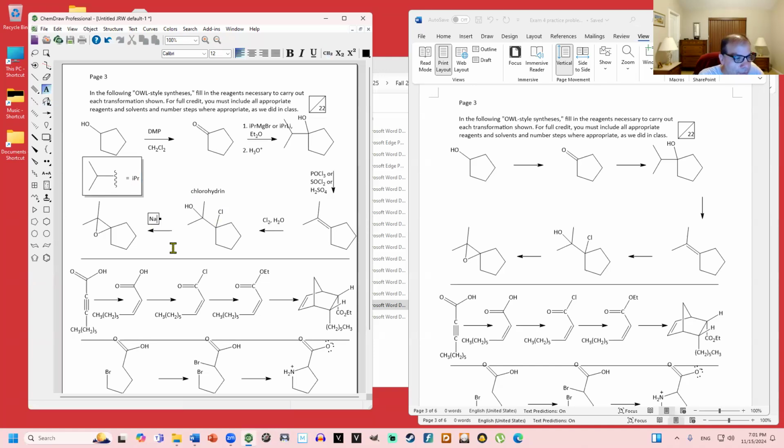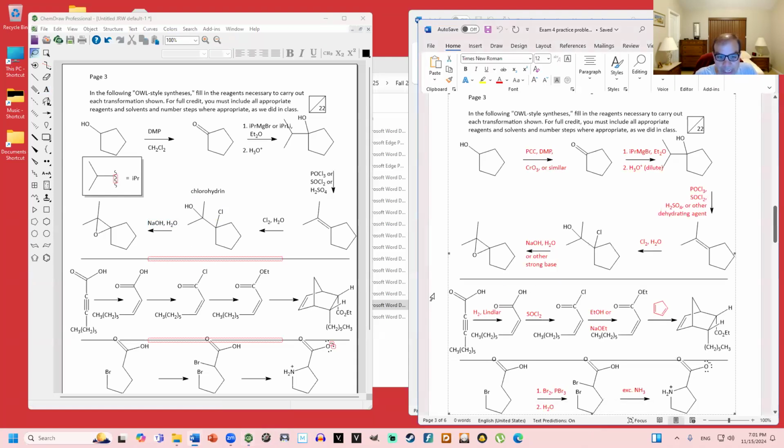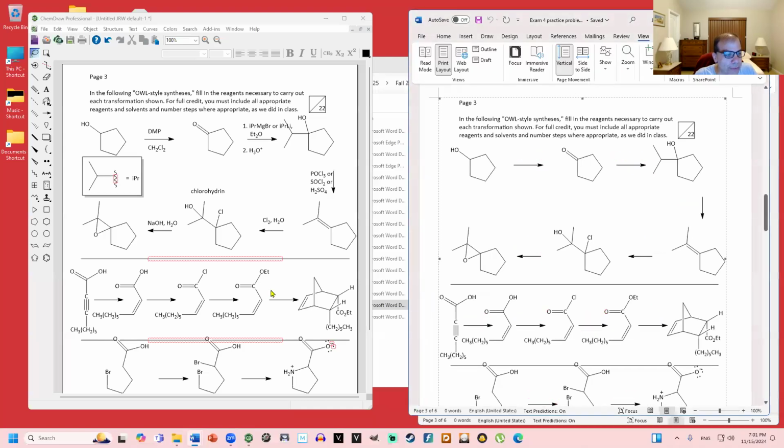So any base, NaOH and water would have been completely fine. Any strong base is fine. Sodium amide, fine. Sodium methoxide and methanol, fine. Any strong base would be fine.